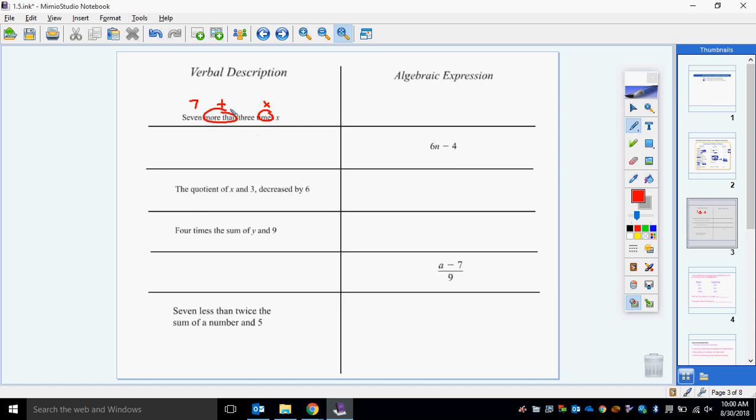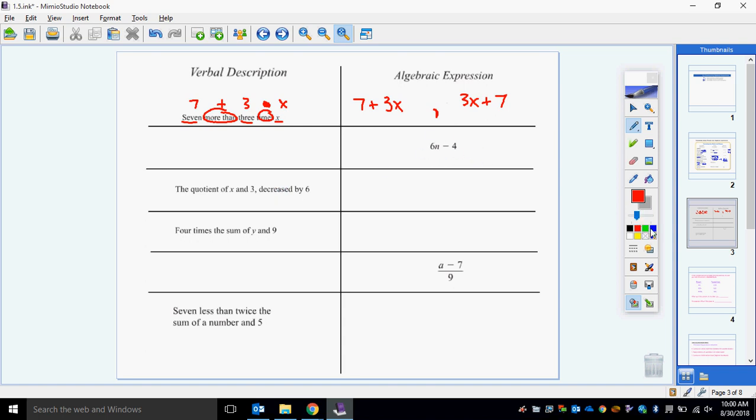So I have 7 more than 3 times, well, I guess I should change my times to a dot, x. Just by picking out the numbers and the variables and finding my key words, I already have my expression. I can write this as 7 plus 3 times x. I could write it as 3x and 7 more than that. Either one of those would work.